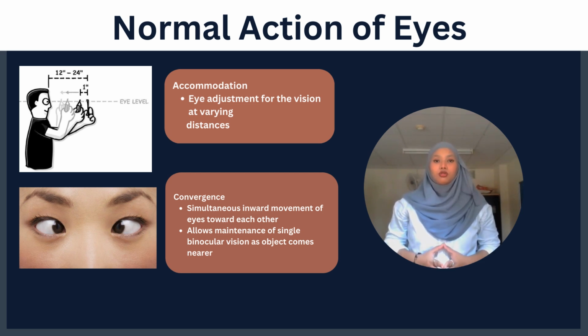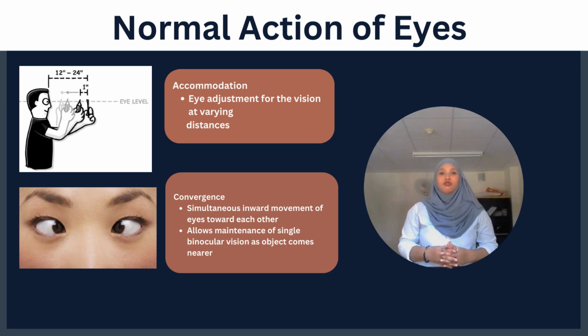Let's move on to the five normal actions of the eyes. Accommodation refers to the eye's remarkable ability to adjust its focus for clear vision at different distances. This is a crucial function that allows us to effortlessly switch focus between near objects we hold close, like a book, and faraway objects like a mountain in the distance.